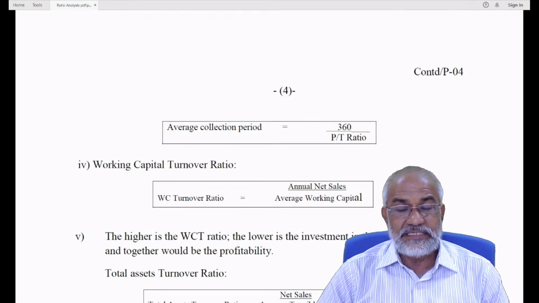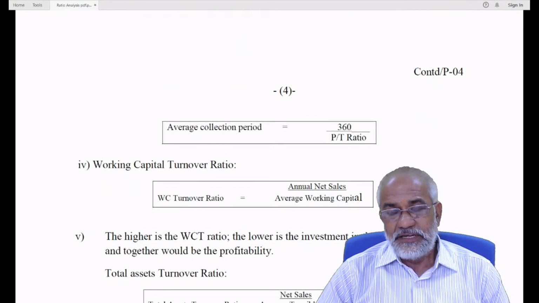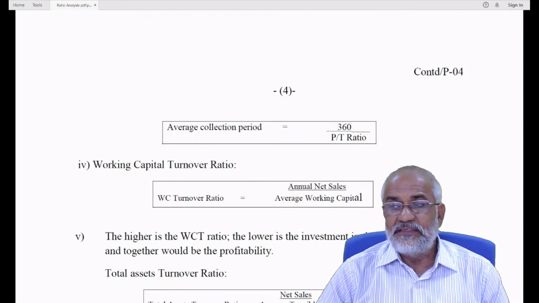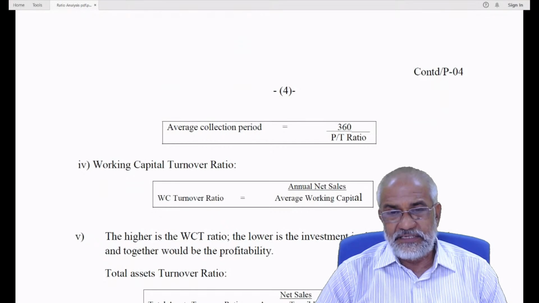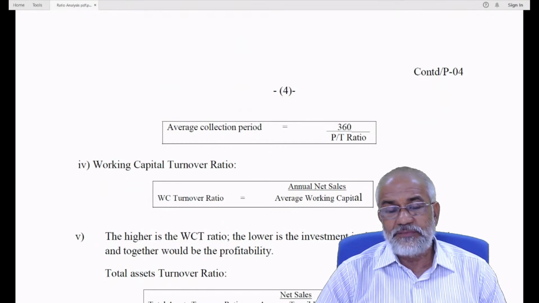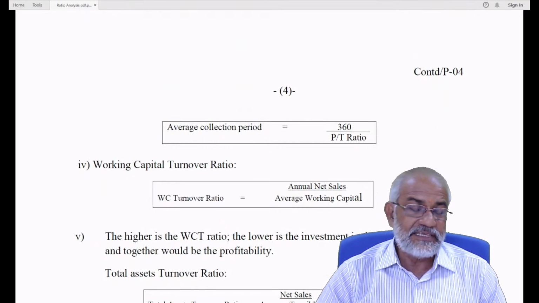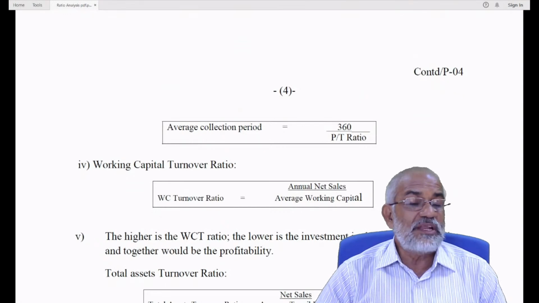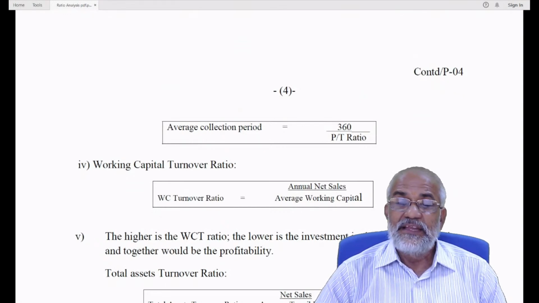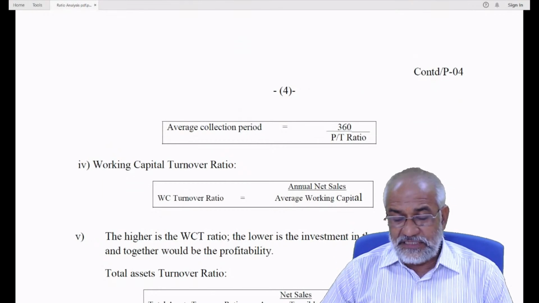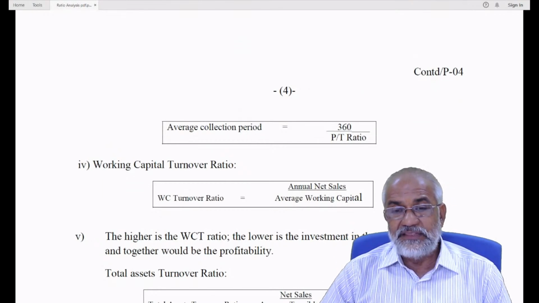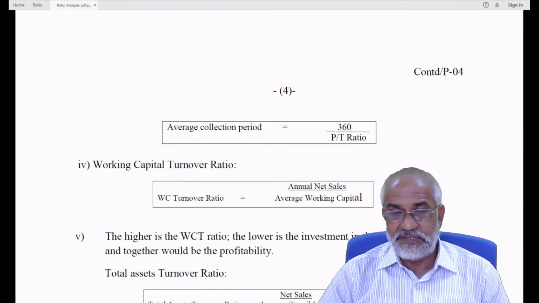The net sales means sales reduced by the sales return or return inward. If there is any return against sales, that has to be deducted from the gross sales to find out the net sales. So annual net sales means whatever sales effected during the whole year minus the sales returns during the year.